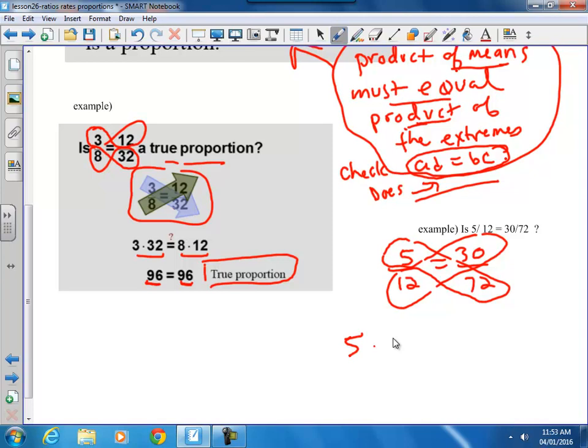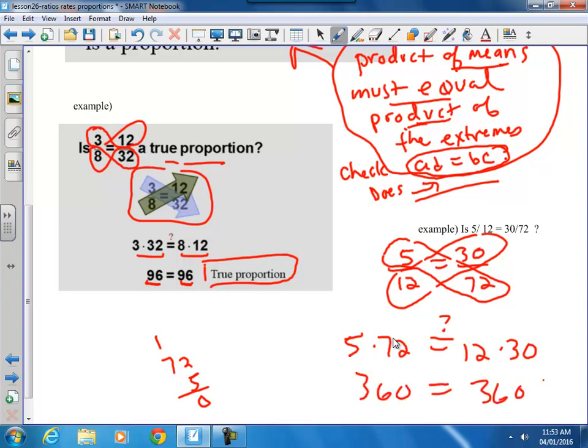So we want to investigate, does 5 times 72 equal 12 times 30? Well, let's see, 72 times 5, that's 360. And 12 times 30, gee, that's 360 as well. So yes, the product of the means does equal the product of the extremes, so it is a true proportion.